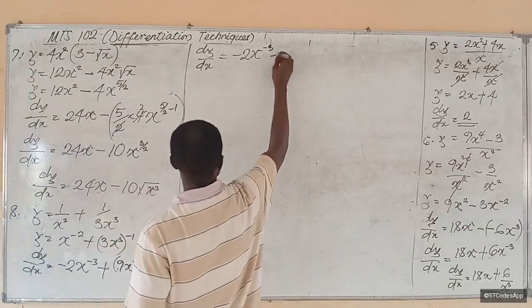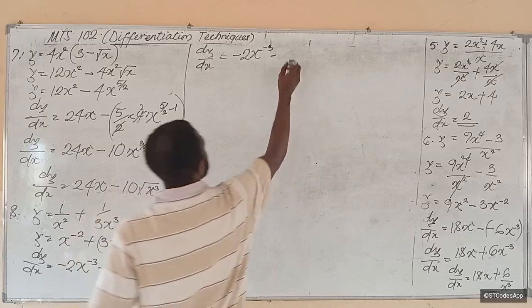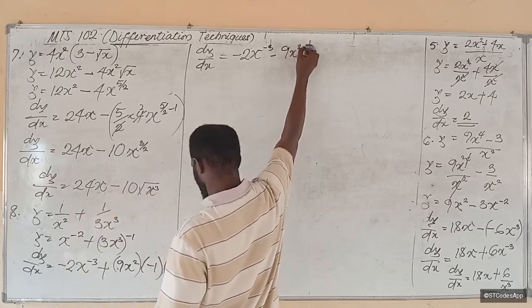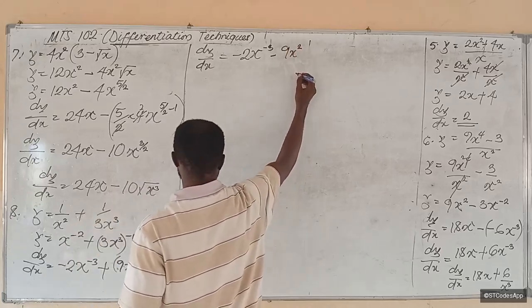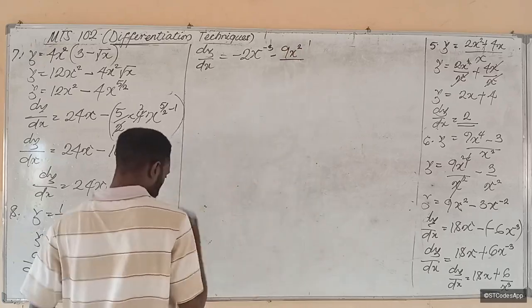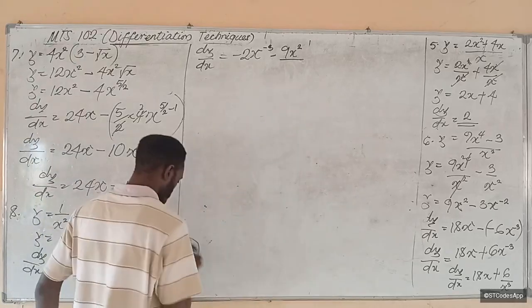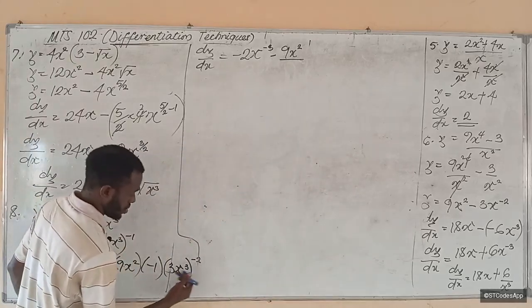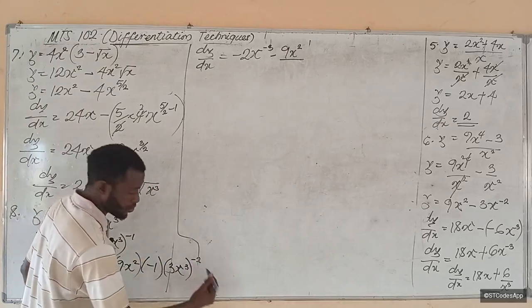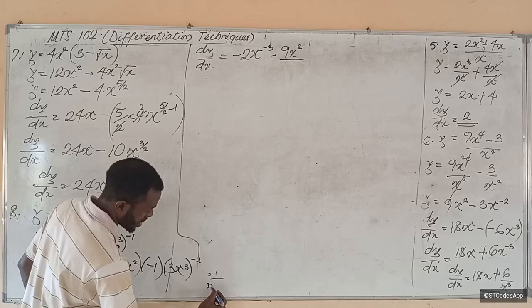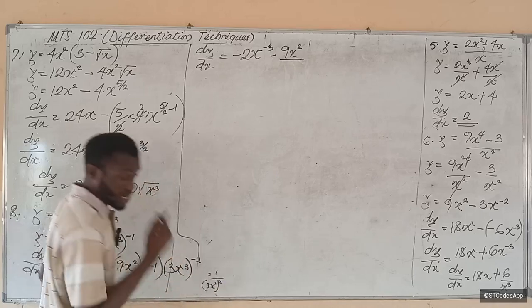That will be minus 9x squared over, now you know that this entire thing will mean 1 over this entire thing, this 3x cubed all raised to the power minus 2 means 1 over 3x cubed all squared, right?